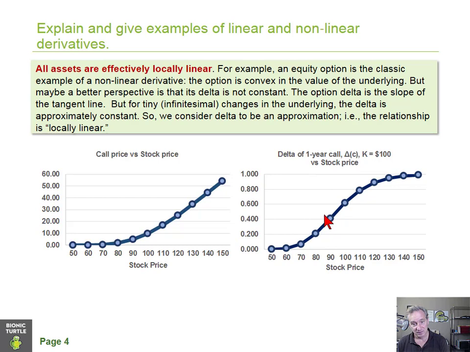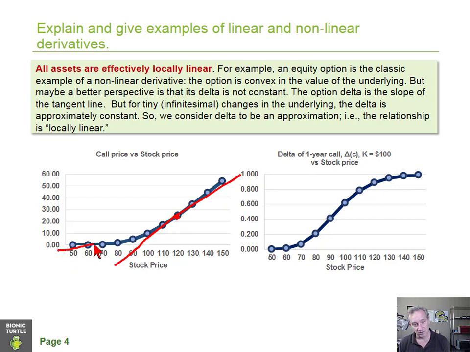The stock option here is an illustration of that definition of a nonlinear derivative because the delta itself is not constant. This delta maps to the slope of the line at a point of tangency. At each given point there's a line that doesn't cut through this chart, but just hits it at the point of tangency, and the slope of that line is the delta.